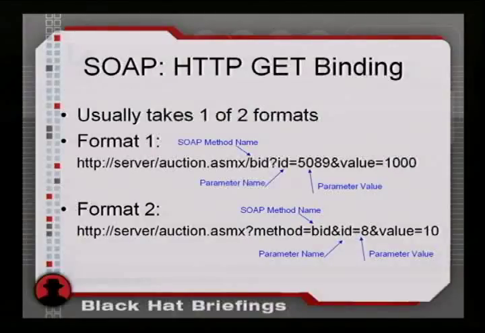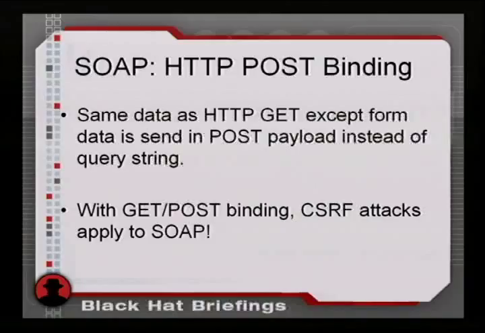Some other frameworks use the second format there. And then just like the get binding, there's also a post binding. It's identical in the way it works. The only difference is instead of sending the data on the query string, it's sent as the post payload. So when you have things like this, you obviously have all the same problems that you had before with cross-site request forgery.